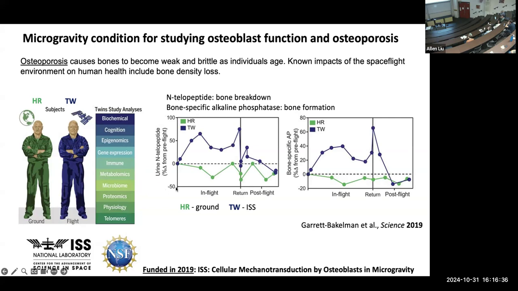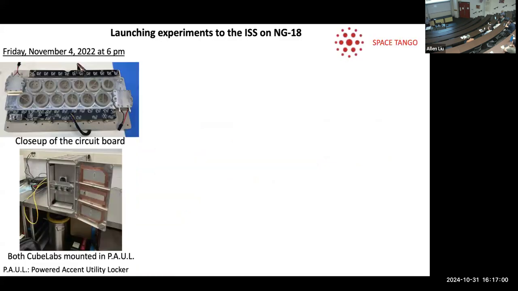I don't think we need to read into this, but just the fact that the two identical twins have different responses in their bone in general, and at different phases, in flight or post-flight. So this got me interested in trying to understand if bone cells would respond differently to Earth conditions versus ISS conditions. Okay.